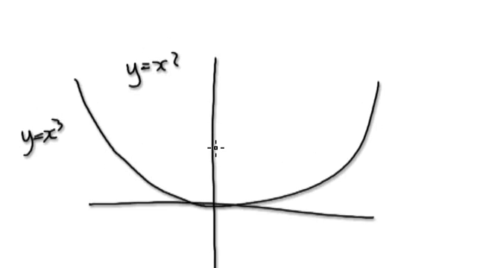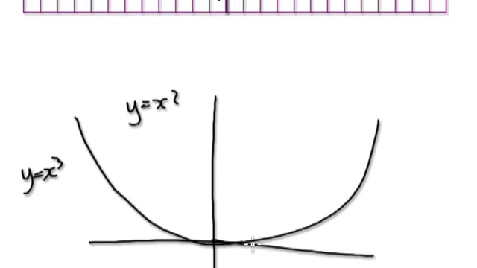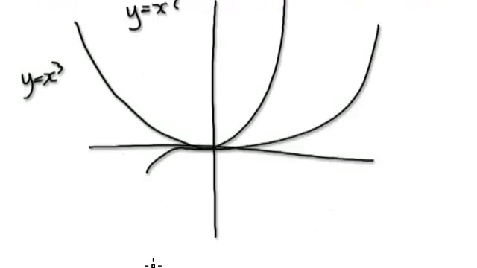Hang on, let me do it again. It climbs even steeper than that. So something like that. If you draw the two lines on the same scale, my point is that x squared will look something like this. Now x to the power 3 climbs so much steeper.